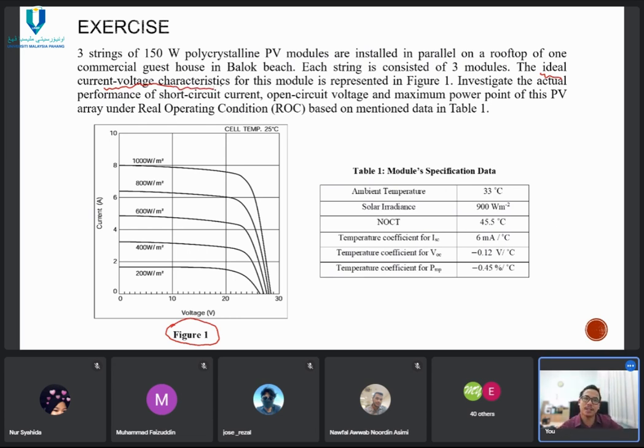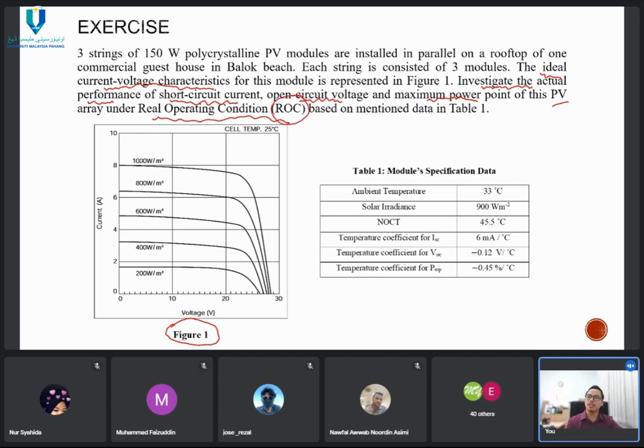The question asks you to investigate the actual performance of short circuit current, open circuit voltage, and maximum power point of this PV array under real operating condition, ROC.